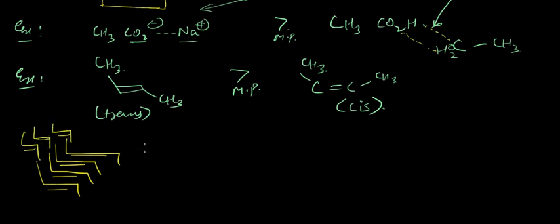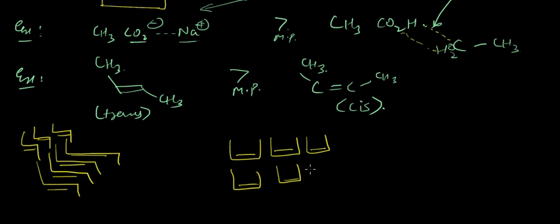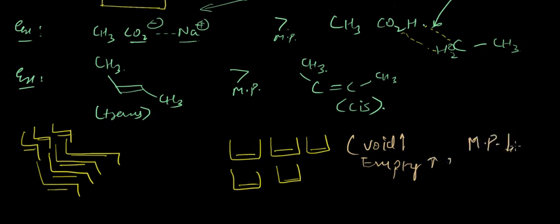But in the cis form there will be more void spaces to accommodate all the molecules, hence there is a lot of void space when we pack cis-2-butene. As the void or empty space increases, the melting point will decrease.